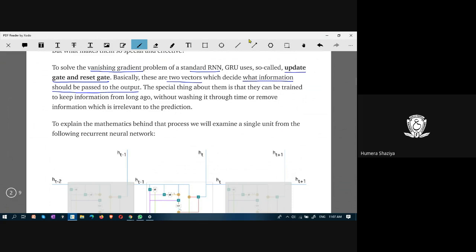Let me give you an analogy. You have friends, okay? You have your school friends, your college friends, your university friends, and you get some information from your school friend.